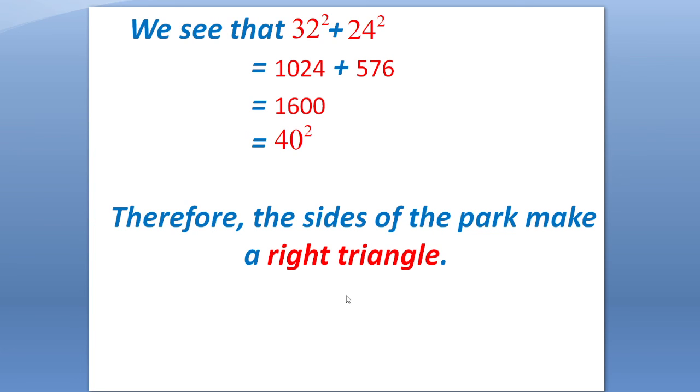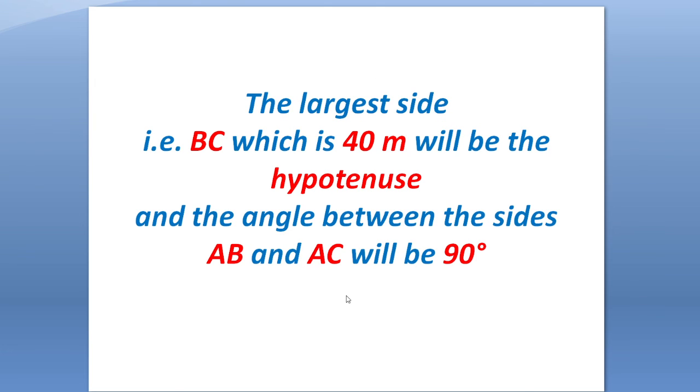Now we see that 32 square plus 24 square is equal to 40 square. Therefore the sides of the park make a right angle. So the largest side, that is BC, which is 40 meter, will be the hypotenuse, and the angle between the sides AB and AC will be 90 degrees.